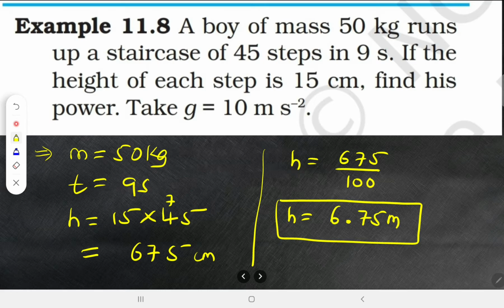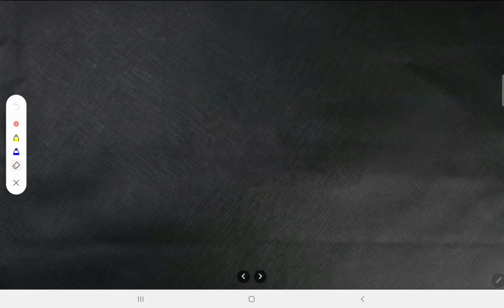All right, fine then. Then afterwards, what they're asking us to find is his power, and they're asking us to take g is equal to 10. Anyway, we are taking it as 10 only. All right, fine. This is also quite simple. So power you can find out directly. Power is equal to, what is the formula here now? So it is potential energy divided by time taken. That's it, done. Because work done is equal to potential energy only.